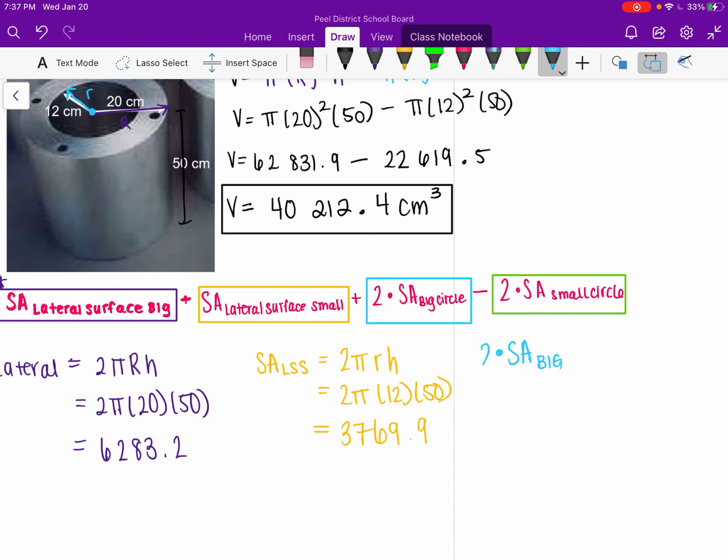Then I'm going to do my blue one, surface area of the big circle, right? And you're going to multiply that by 2, equals 2 times surface area of a circle, which is just pi r squared, right? So the big circle area is pi big R squared, which is going to be 2 pi 20 squared. 2 pi 20 squared is just going to be 2513.3.